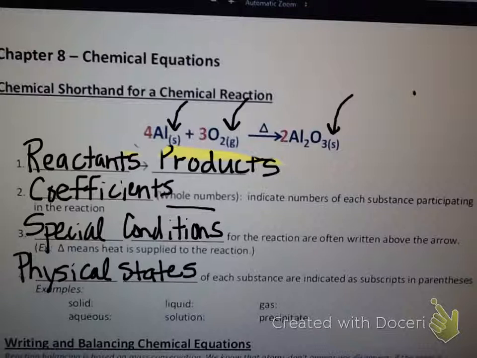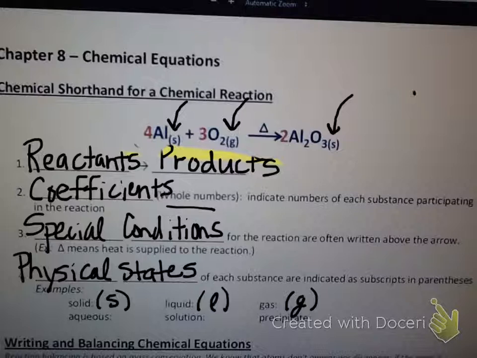So aluminum is a solid. When it's combined with the oxygen gas, it produces a solid aluminum oxide. So those are the general physical states, solid, liquid, and gas. So we've got solid, liquid, we've got gas. But there's also some other physical states.